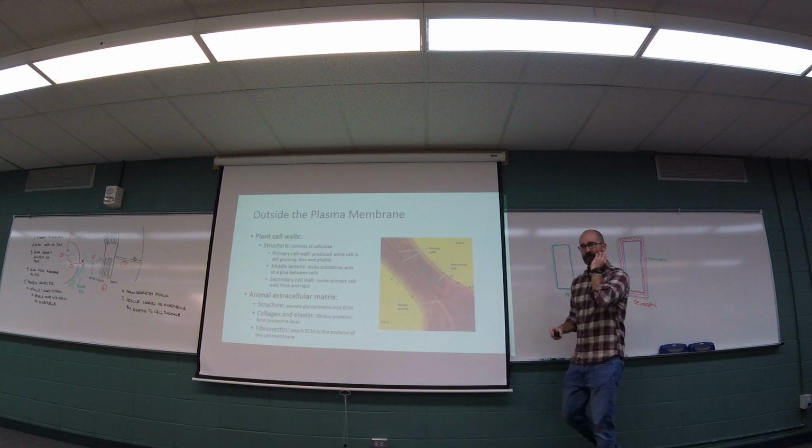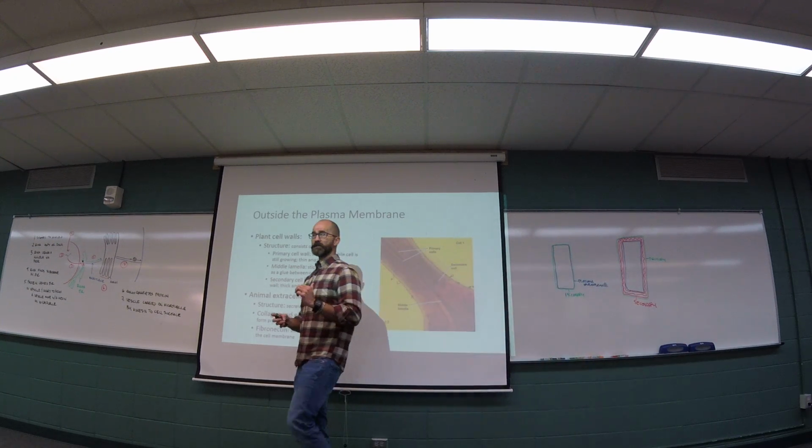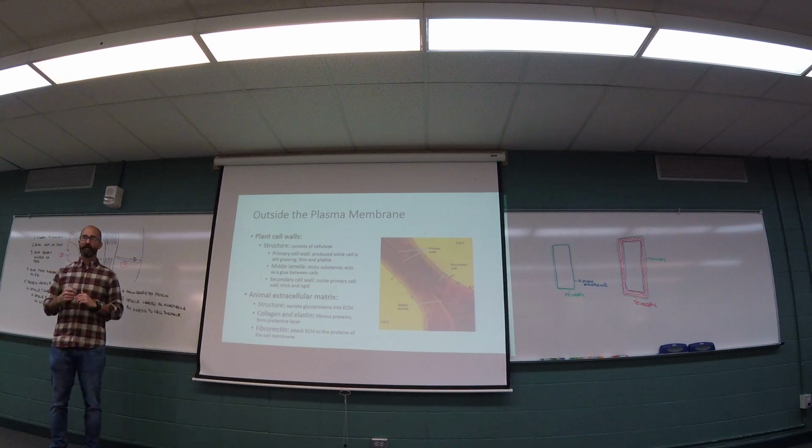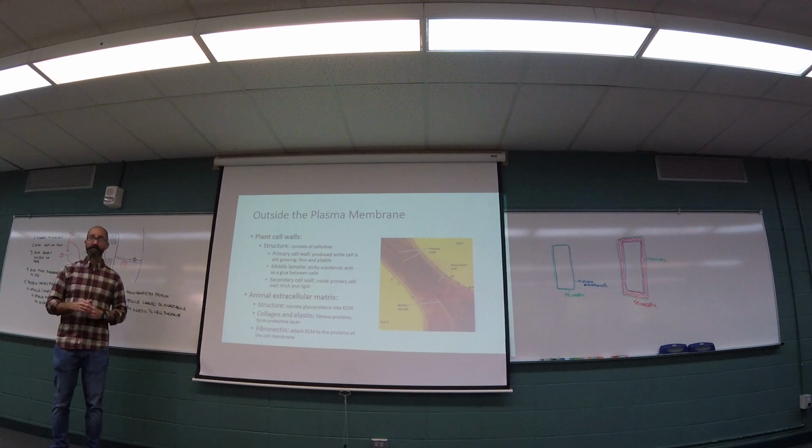But it's more important than that, you guys. The extracellular matrix also becomes a medium of intercellular communication. Cells communicate with each other through that extracellular matrix. Sometimes it's a very physical type of communication. One cell can physically pull on another cell, and that will convey some bit of information.